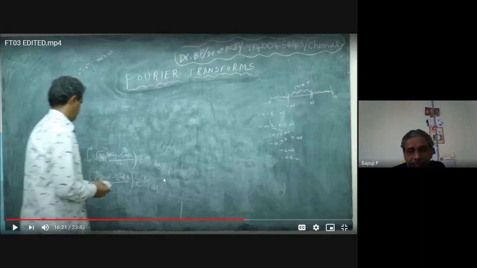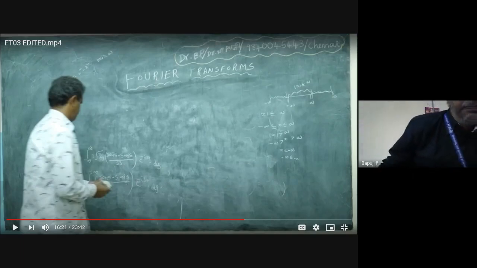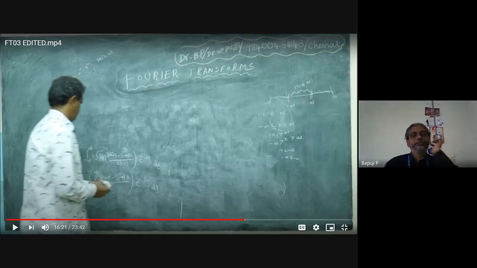Again I will do cos sx into this term, which becomes even, and sin sx into this term, which becomes odd. So the first integral becomes 2 into integral 0 to infinity, and the second integral vanishes. I am just skipping the steps. Are you able to understand this?